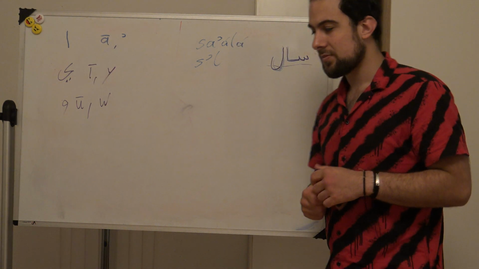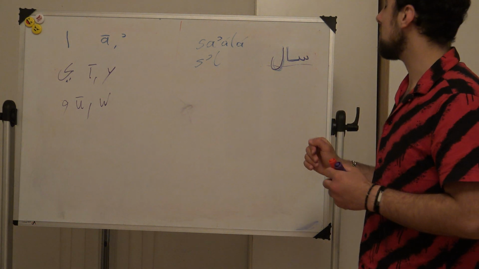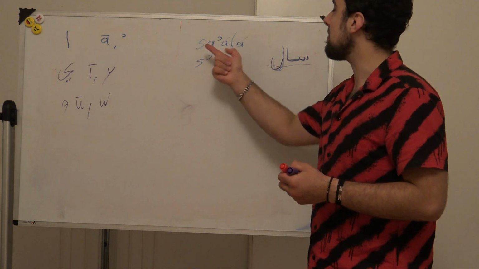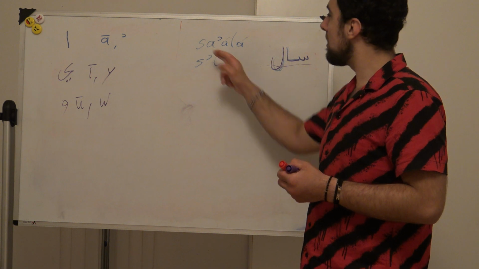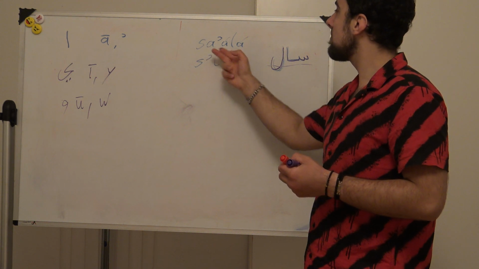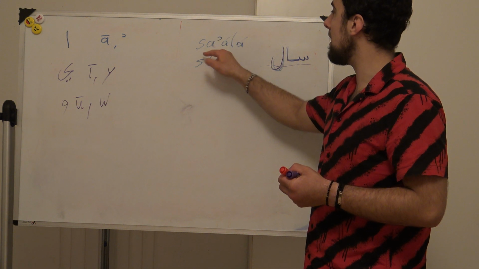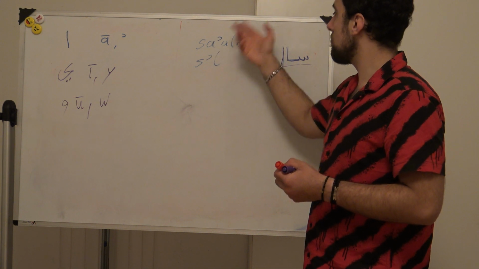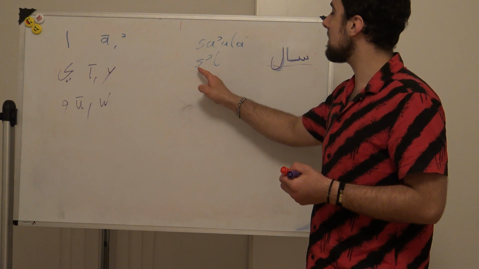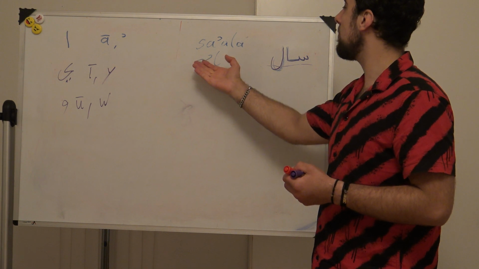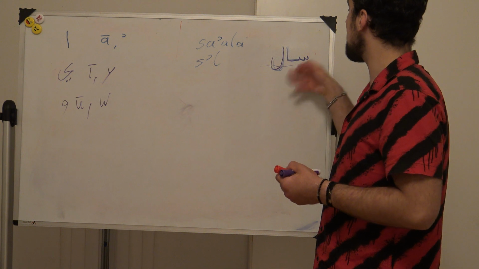But, well, according to that logic, we could, for example, take Sa'ala, he asked, and then we cut off the short vowels, the short A, and what remains is the consonants S, hamza, L, and now we can transform this formula into the Arabic script.